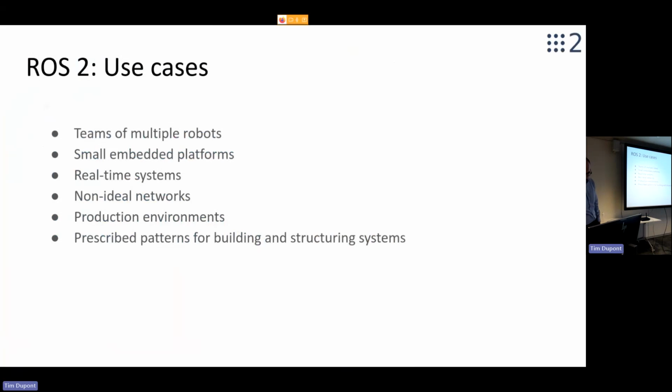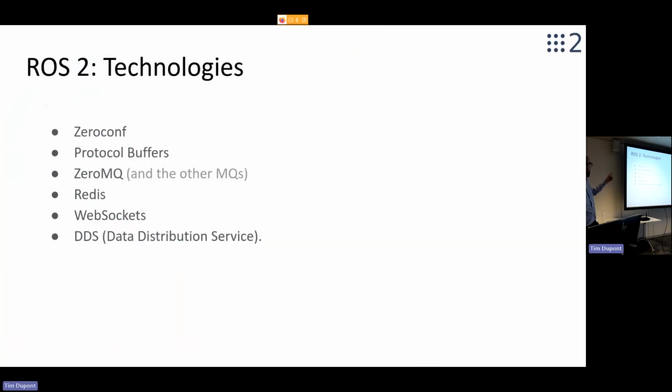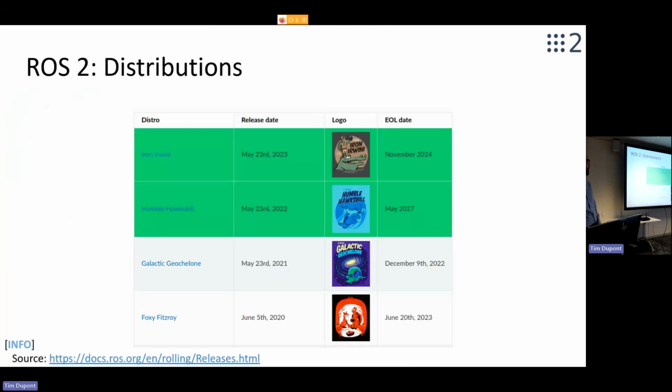So that's a benefit. Some technologies in ROS2: they use zeroconf, protocol buffers, queuing systems like ZeroMQ. But in my opinion, the best change is the Data Distribution Service, which allows really flaky networks to still be used in your robot system and still have a decent working robot system.